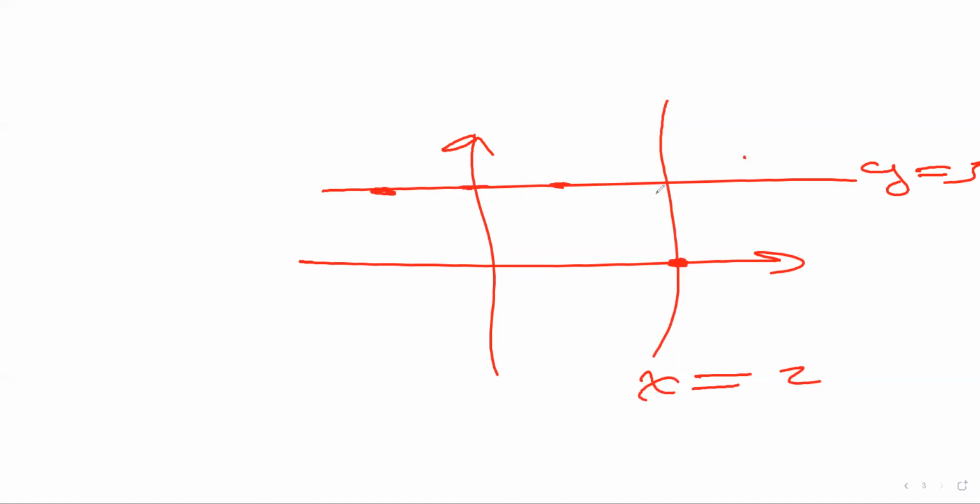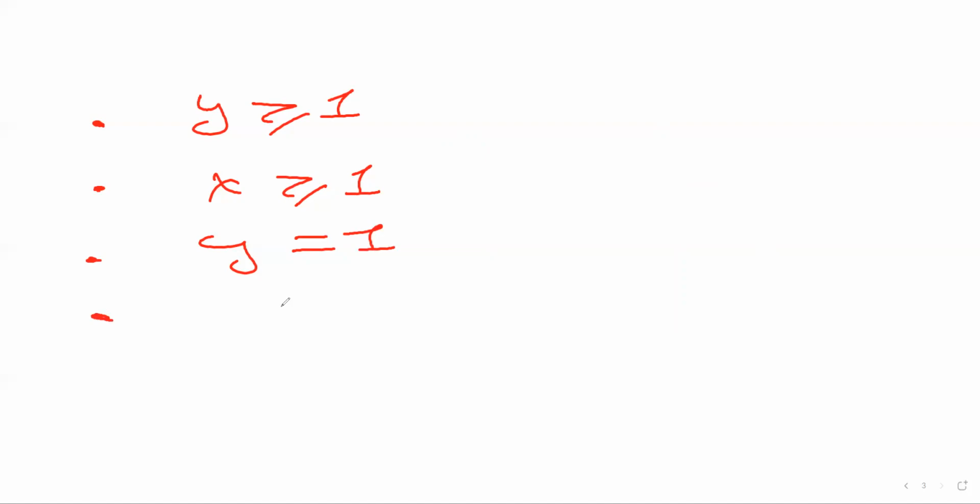Guys, we solved a question like this, remember, in March 2019, question number 19, no calculator part. For example, they give you choices: y greater than or equal to 1, x greater than or equal to 1, y equals 1, and x less than or equal to 1.